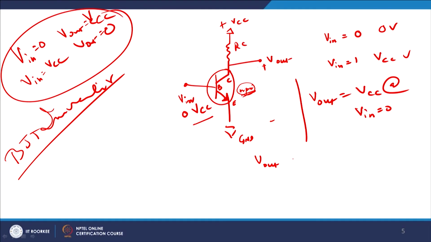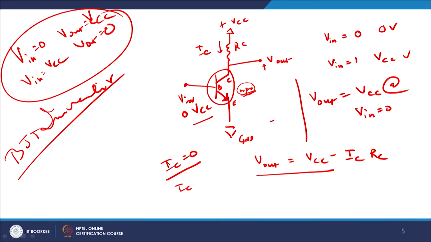Also, if you want a mathematical derivation, I can write V out equals VCC minus IC into RC. IC is the current flowing through this domain, IC into RC. Now if IC equals 0, I get V out equals VCC, and if your IC is a very large quantity, then the drop will be very close to VCC, and therefore my V out will be equal to 0.